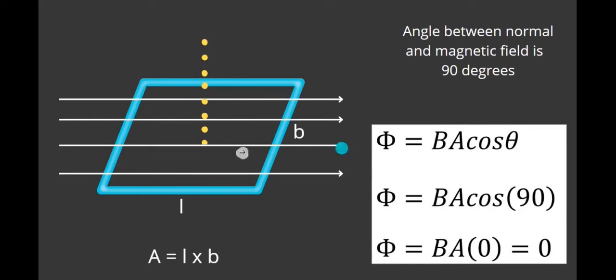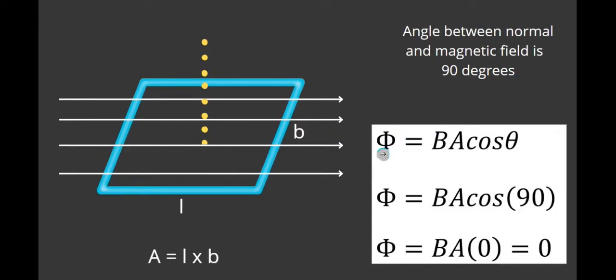It's going this way, but check your normal to the surface. The normal to the surface or to the loop is up, meaning the angle between them is 90 degrees, right? So this is what I've written down here. So the angle between the normal, which is this yellow dotted line, and the magnetic field shown here by the magnetic field lines, the arrows pointing to the right, is 90 degrees.